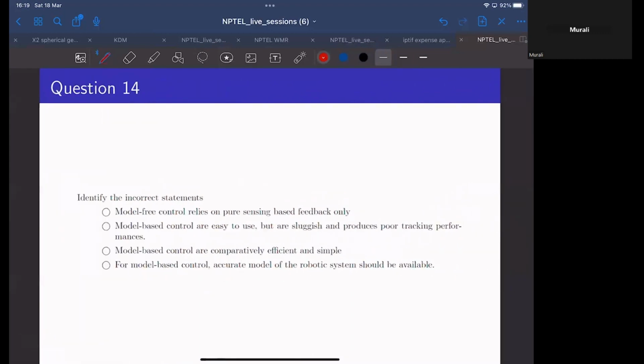And moving on to question 14. It says to identify the incorrect statements. The first statement: model-free control relies purely on sensing feedback only. Model-free, right? This is a correct statement.